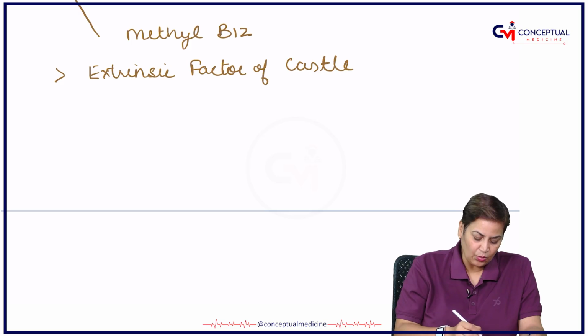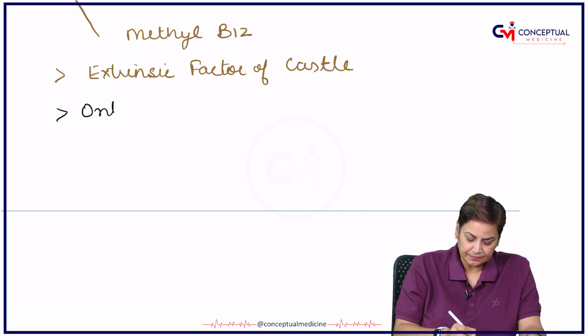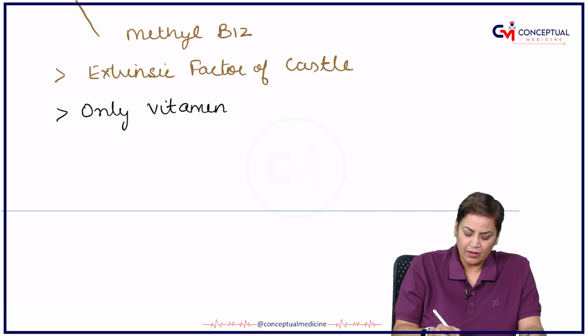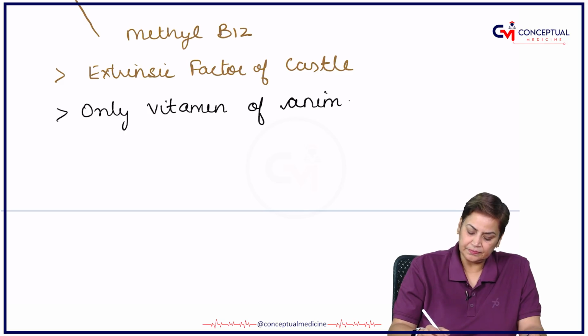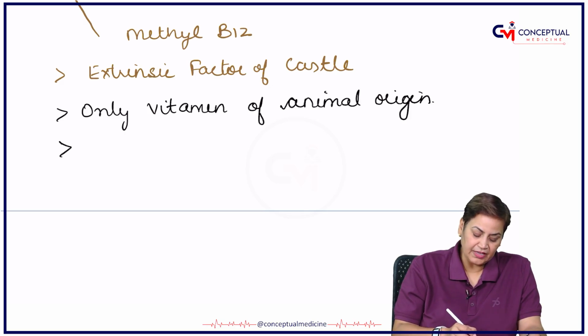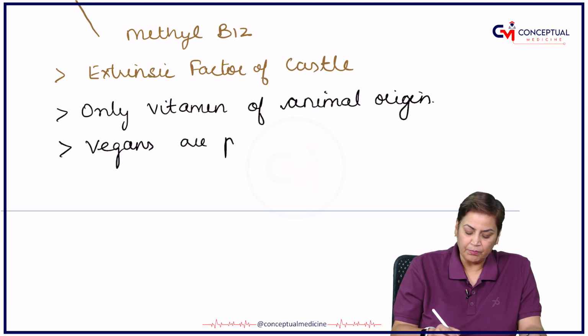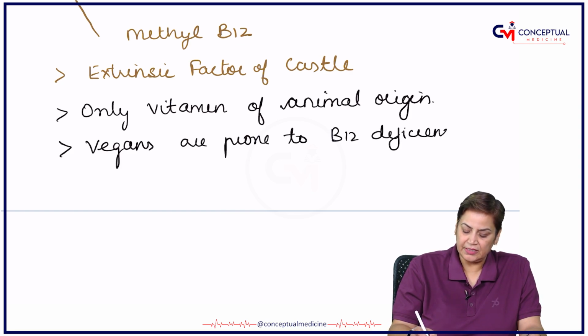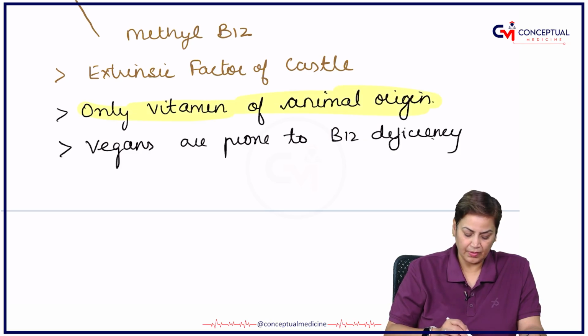Okay, so only vitamin of animal origin. So vegans are prone to B12 deficiency. This is very important, right?